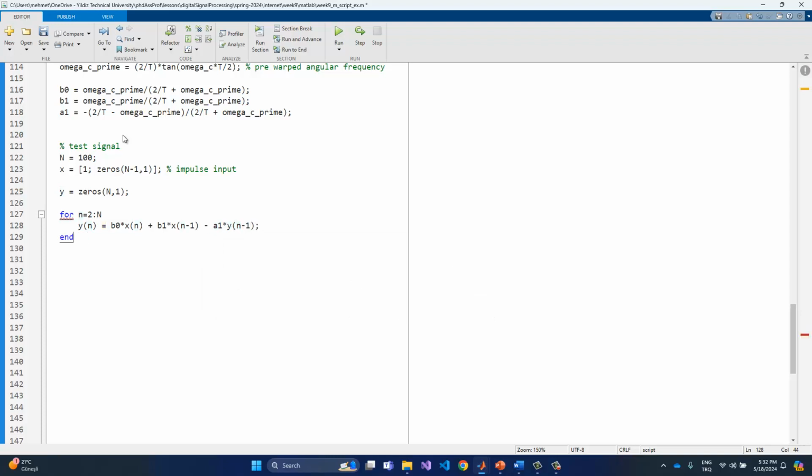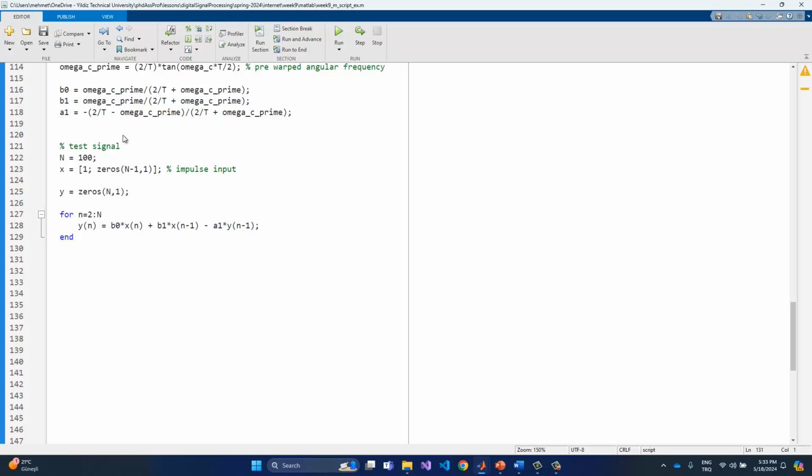Okay, and so the end should be given here, just like this one. Okay, and so this is our result, or the filtered result of these terms. And so if we get the impulse response of these terms, we will get what?